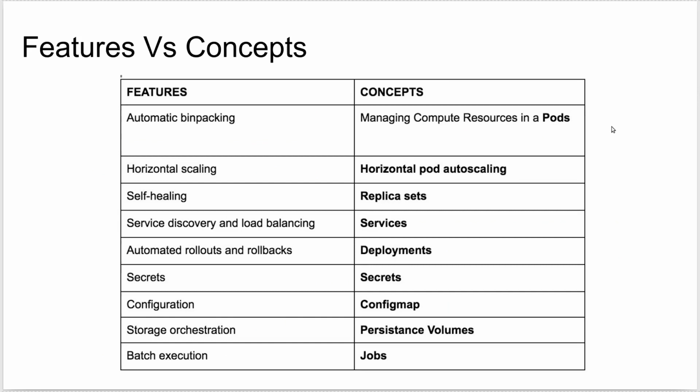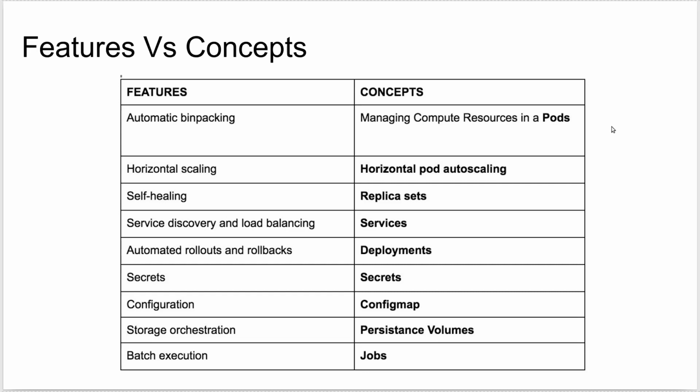So here there is a matrix comparing some features that Kubernetes does for us. This is the concept, and how it is implemented by Kubernetes. I'm also gonna use this to explain some other Kubernetes concepts. So basically, there's automatic bin packing, which is mapped in Kubernetes with pods.